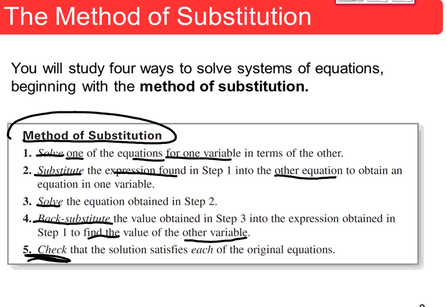That word back substitute is used a lot in this chapter, and that's not a phrase that we've often used, but back substitute means just to put that first answer back into one of the versions of our original equations, and then find the other one, and then just check that it works.